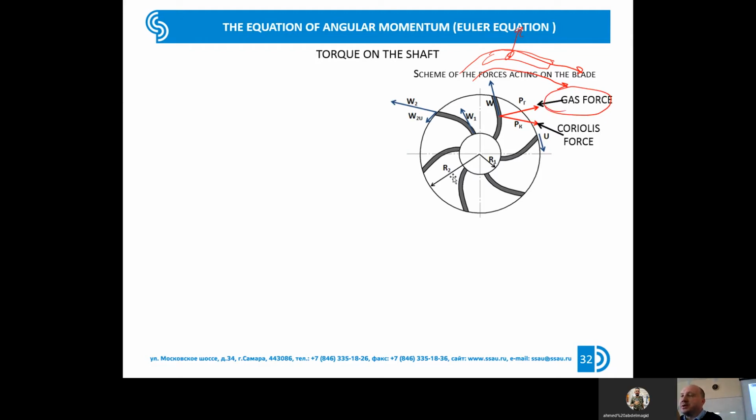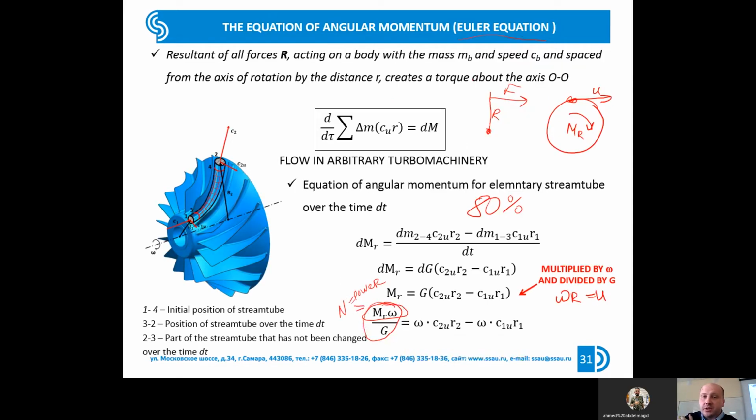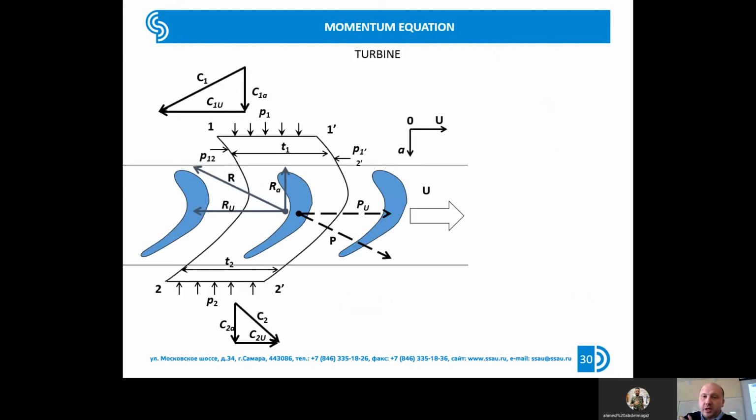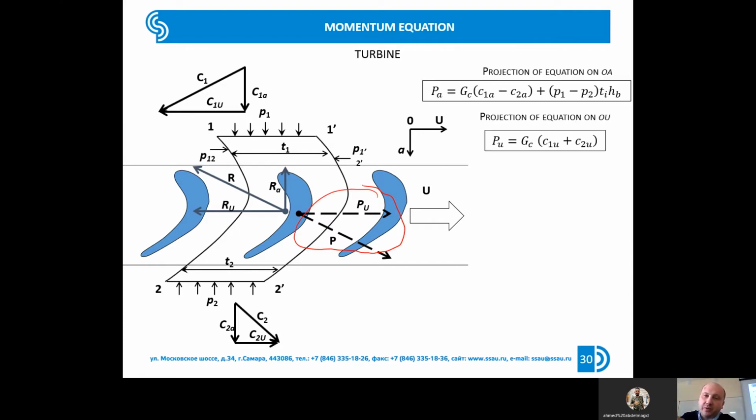It's the force which appears at the interaction between the blades and the flow. We discussed these flows at previous lectures. So these gas forces are the forces which appear as a result of interaction of the blades and the flow.